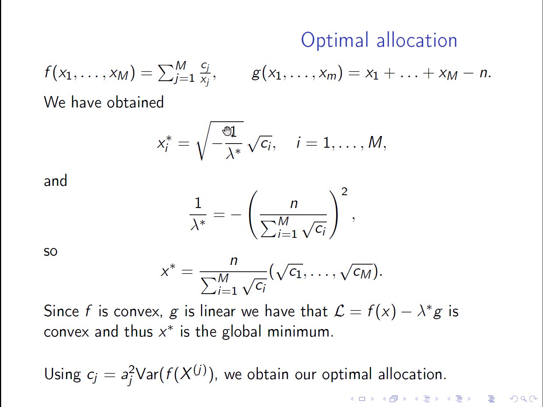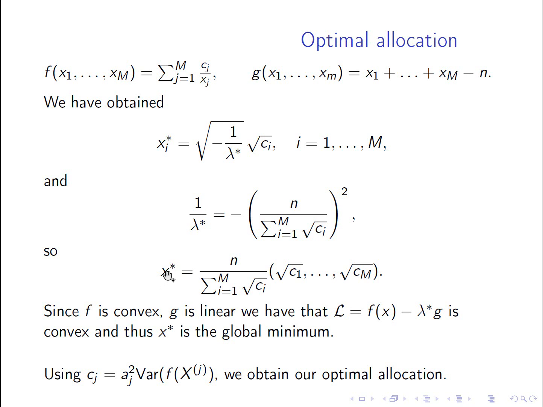Because here we have the square root of minus 1 over lambda star, if we plug this in, we get that x star is n divided by the sum of the square roots of the ci's, times the vector with the square root of the ci's again. Okay, so that's our x star, this is our lambda star.